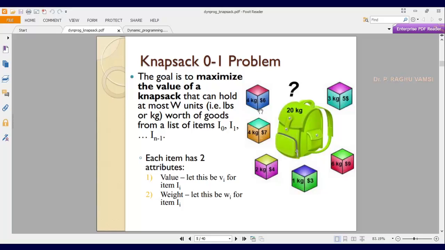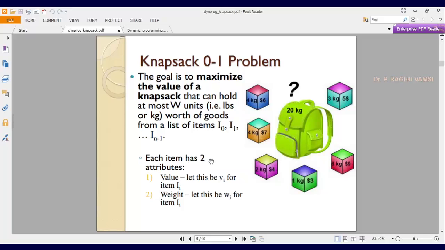That is what we call the benefit, or the value, that we are going to consider. But whatever items you place in the bag, you should not cross the maximum capacity of the bag, and the items you place must achieve the highest value. This is the main problem of the 0-1 knapsack.